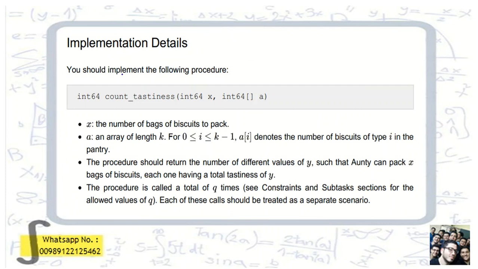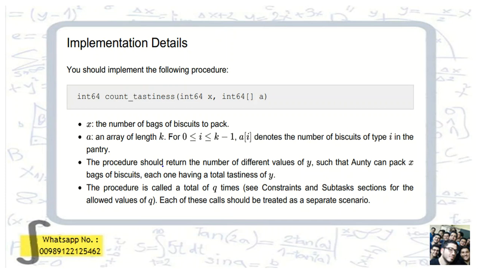Implementation details. You should implement the following procedure: count_tastiness, with the following parameters: X, the number of bags of biscuits to pack; and A, an array of length K, where for I between 0 and K minus 1, A[I] denotes the number of biscuits of type I in the pantry.